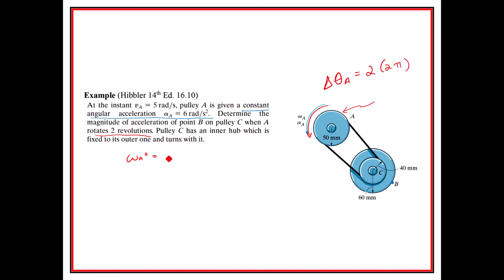So using the constant angular acceleration equation, we have 2 alpha A, which is constant, times delta theta A. All right, so we have omega A squared is equal to this initial velocity. Oh, wait, at the instant shown, VA. Okay, oh no, that should be omega A, shouldn't it? We need to fix that.